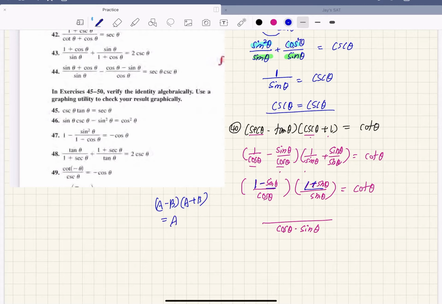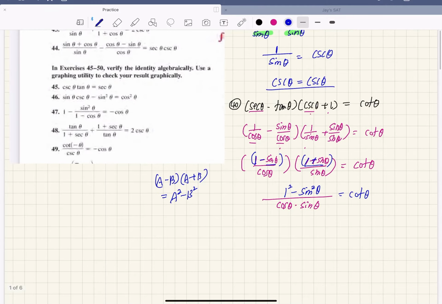So it's going to be a squared minus b squared. This is one of the three special cases. So multiplying the numerators, 1 minus sine theta times 1 plus sine theta is going to be 1 squared minus sine squared theta. Right side is the same. Okay, now I'm going to change the numerator.